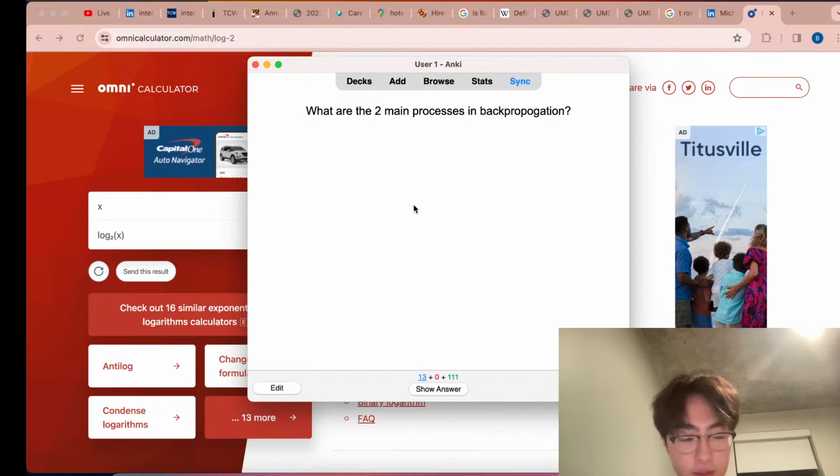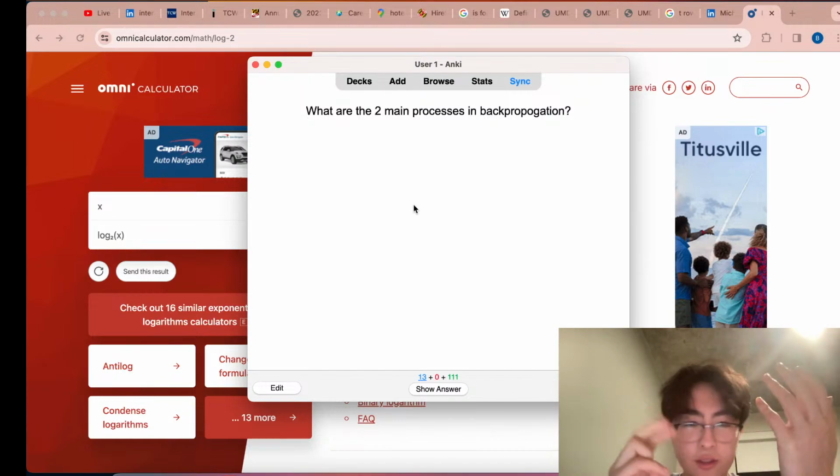And those inputs have gradients with respect to the weights and the bias. Sorry, I'm saying gradients, but I think the correct term is partial derivatives. So first thing is finding the gradient, or vector of partial derivatives. Second process is to get that to 0 as close as possible.